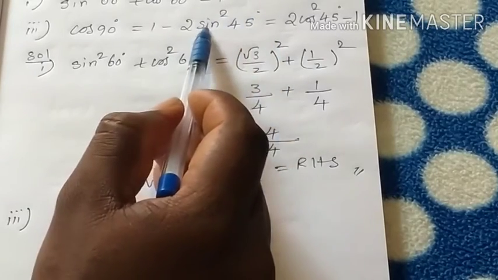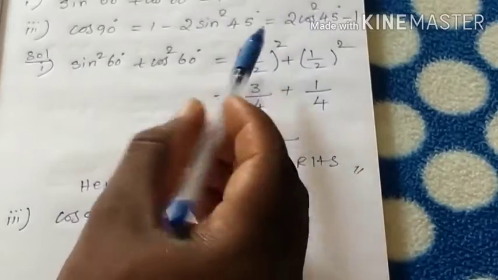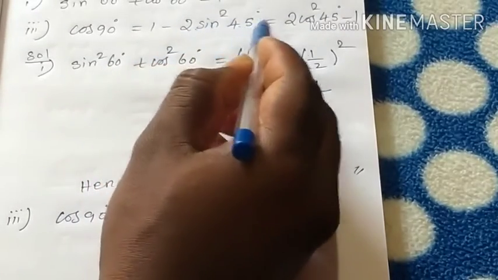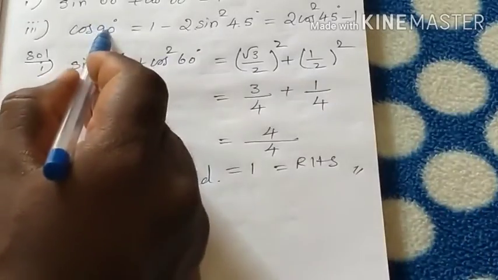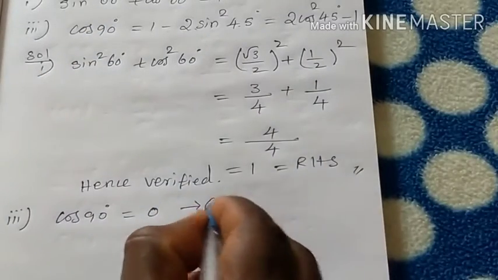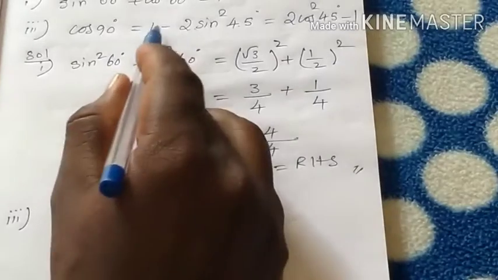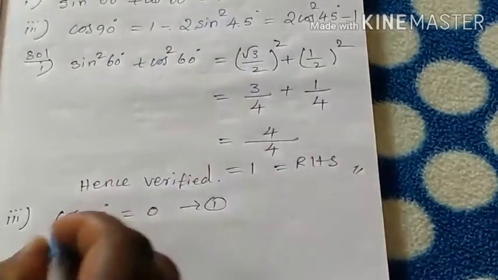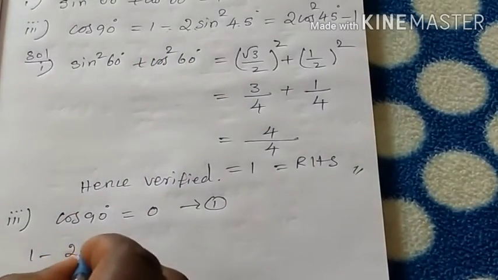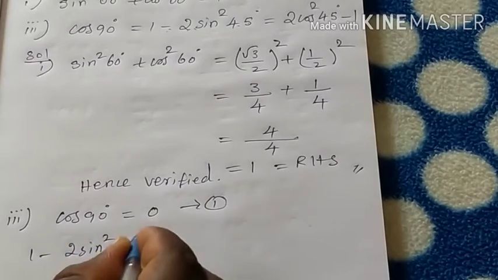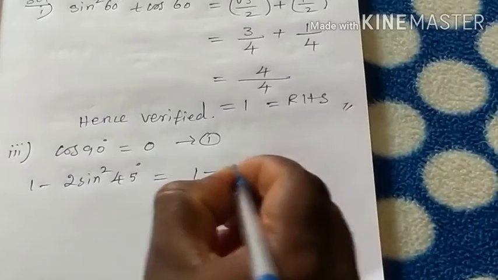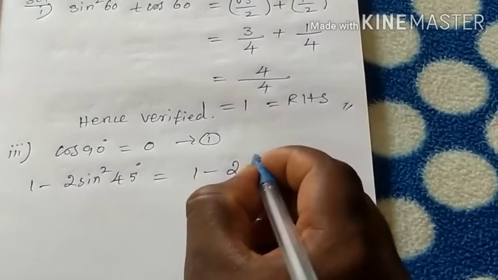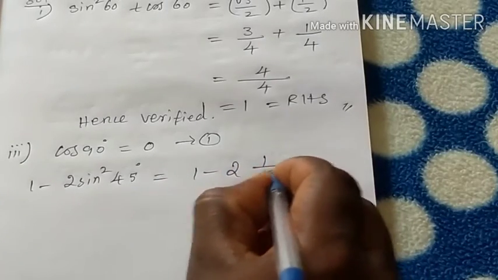Okay. Sin 45 degree the whole square. 1 minus 2 sin squared 45 degree equal to 2 cos square 45 degree minus 1. So now we get cos 90 degree value. Okay, this is 1. Okay, next find 1 minus 2 sin squared 45 degree, which is equal to 1 minus 2 sin 45 degree value is 1 by root 2.